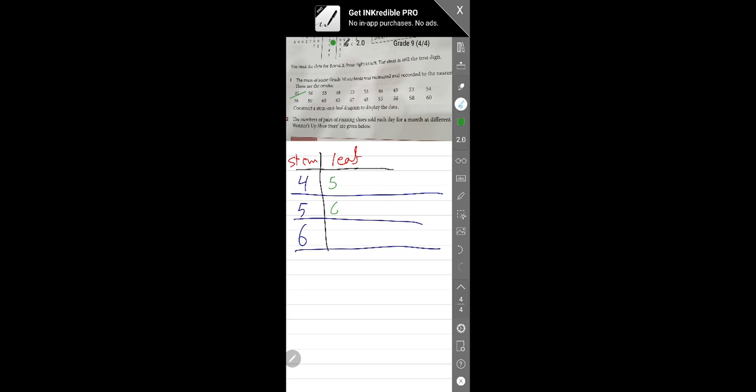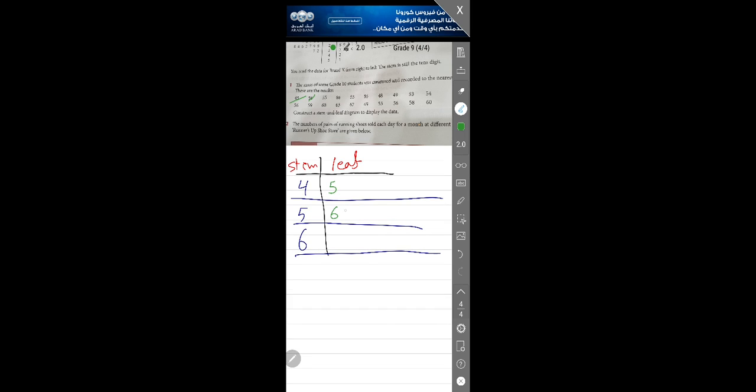Then 56, I'll cross it. 55, so I have another 5 here. 68, 8. 53, I'll go to 5, then I will write 3. 55, again 55. 48, 49, 53. 54, so here 4. 56, 56, I'll write 6. 59, I'll write 9. 60, 0. 63, 3. 67, 7. 49, 55, 5. 56, 6. 58, 8. 60, 0. We're done.